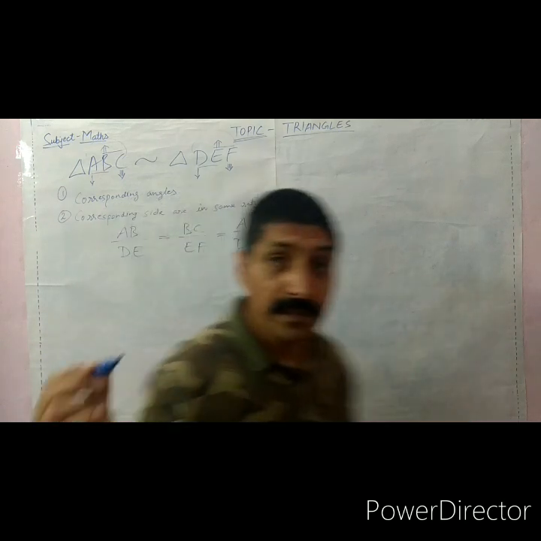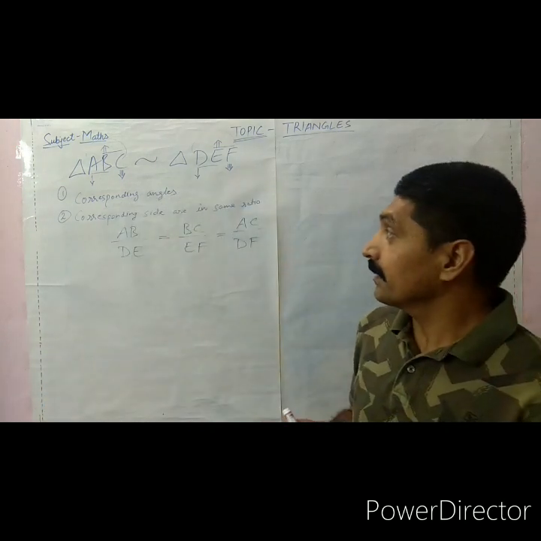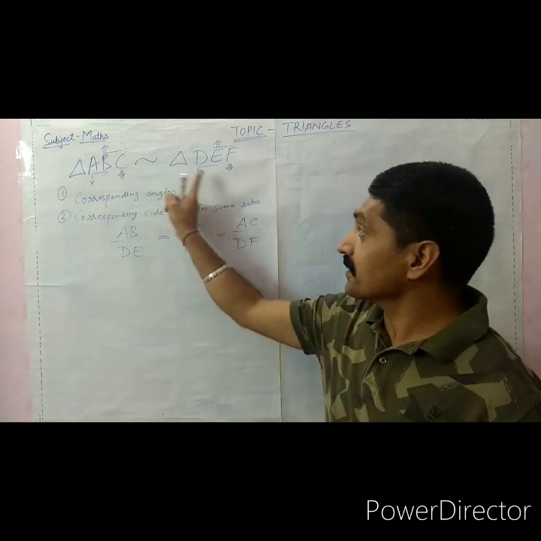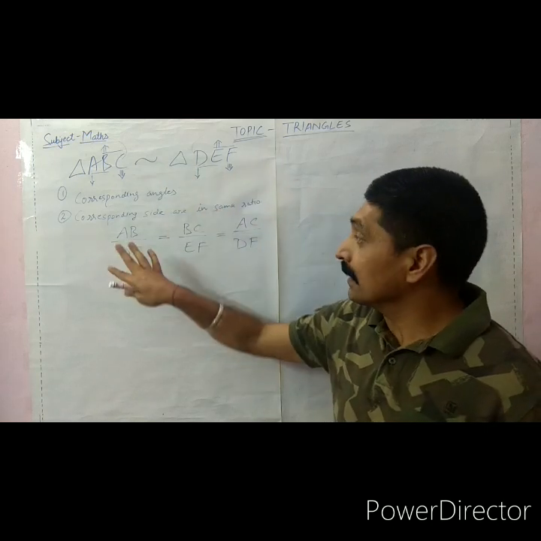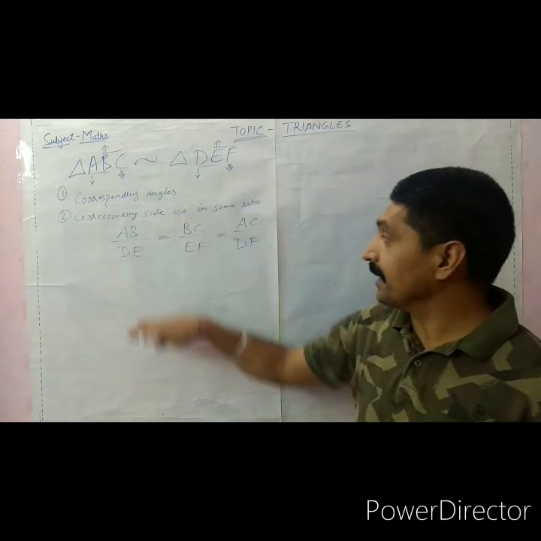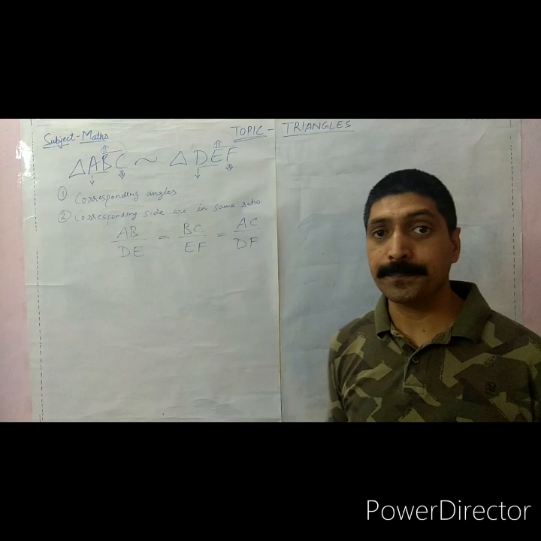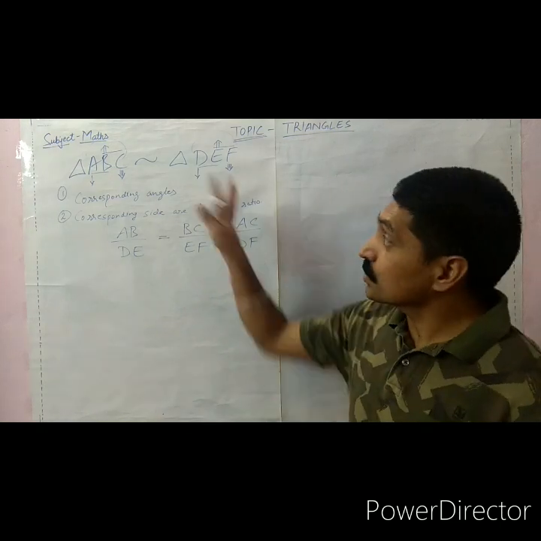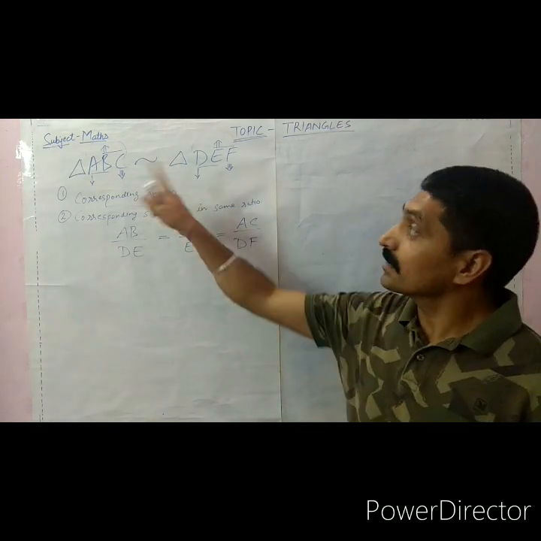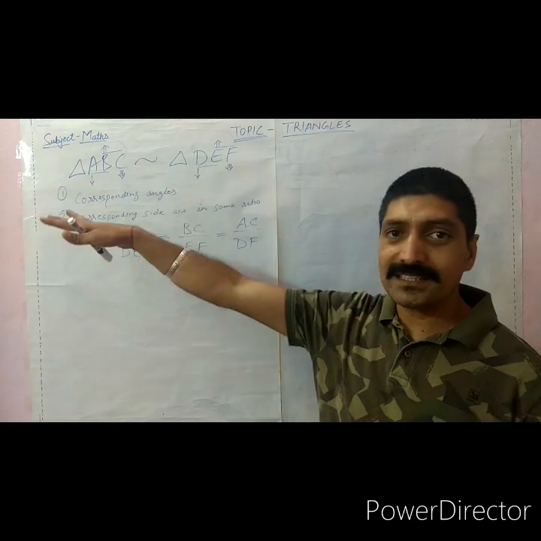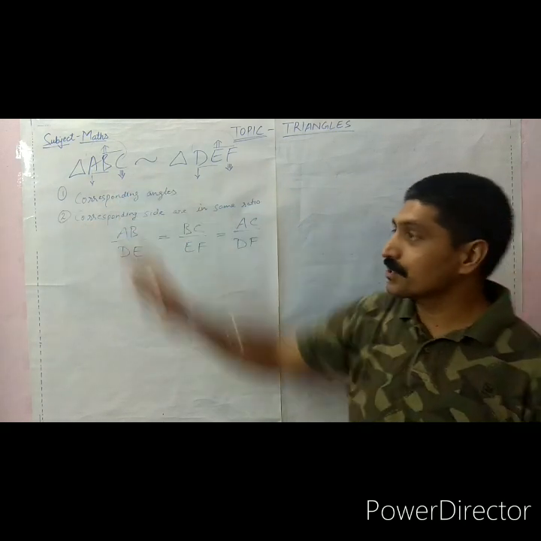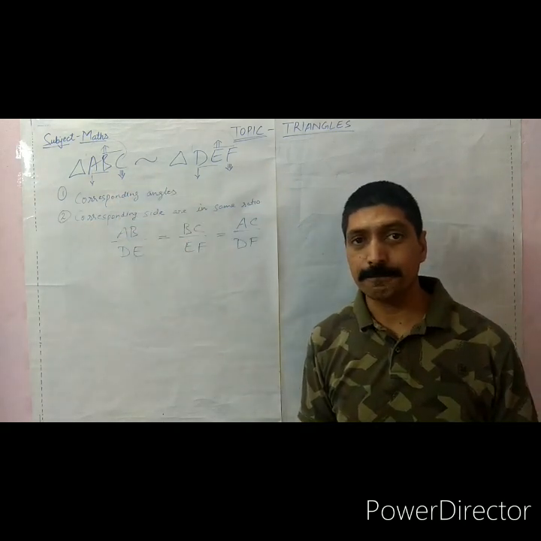So this is the condition: three corresponding angles should be equal and the ratio of the corresponding sides should be the same. Then these two triangles are similar, or if two triangles are similar, then these relations will always exist.